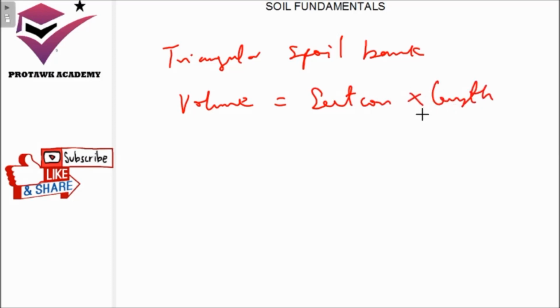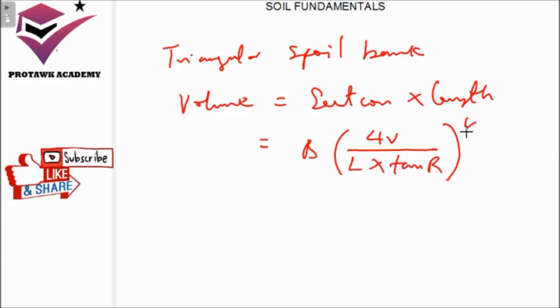The base width is given by a formula, B equals bracket 4V over length times tan R, raised to power 1 over 2. So here we can say H, the height of the spoil bank or pile, is equal to B times tan R over 2.